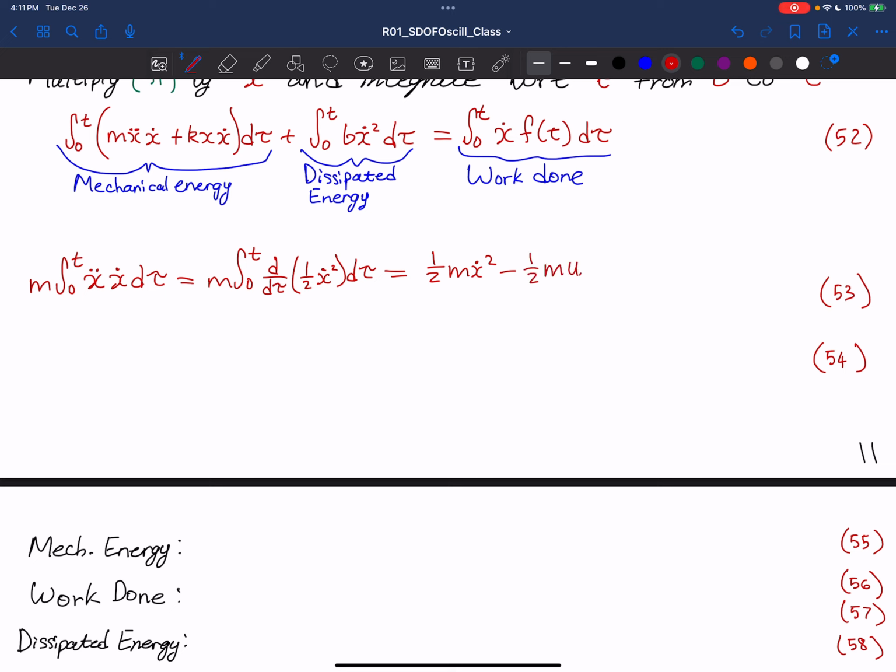That's our initial velocity, and you can see this is now the standard form for kinetic energy, which we'll call big T. That's just a standard that's used to define the kinetic energy.